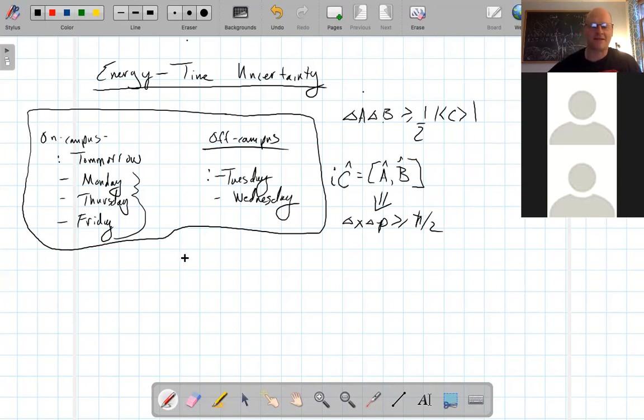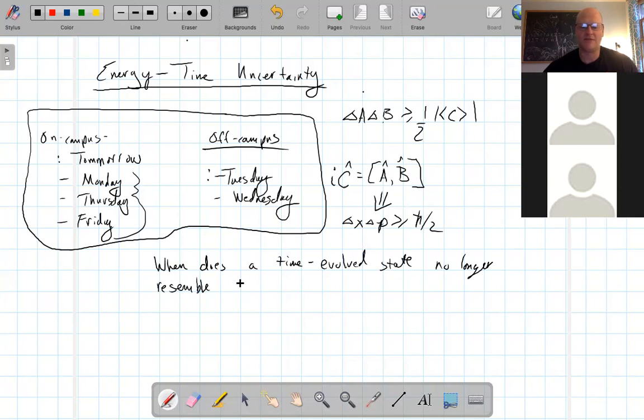It comes from basically the idea of when a time evolved state no longer resembles its initial state.